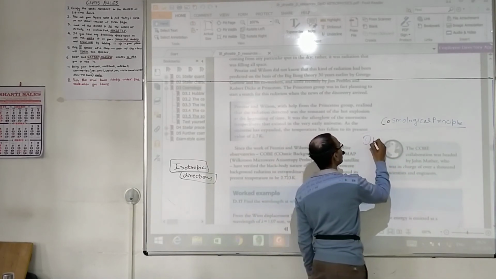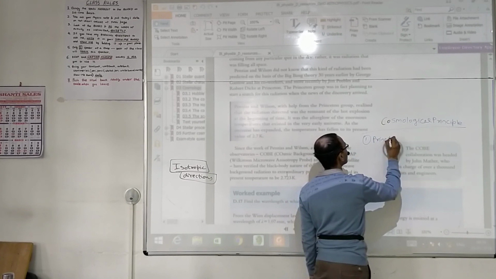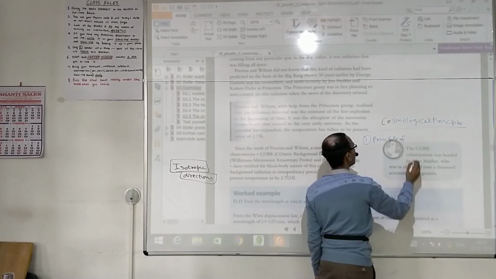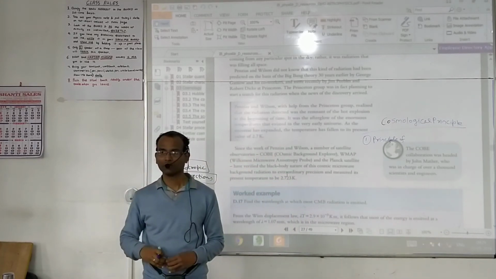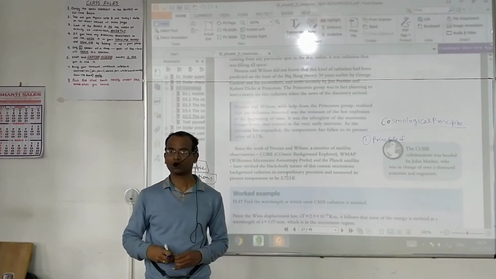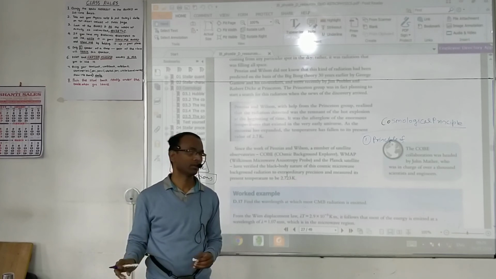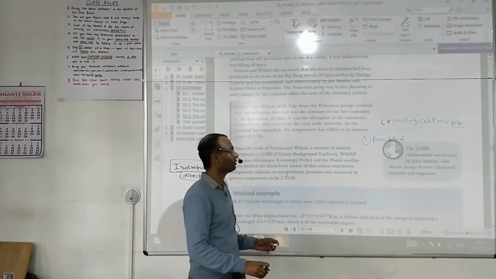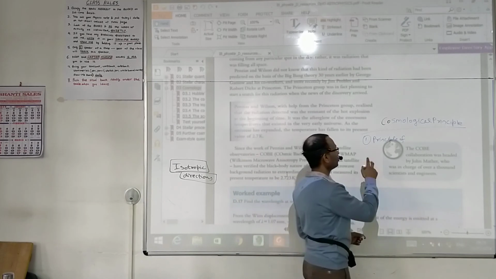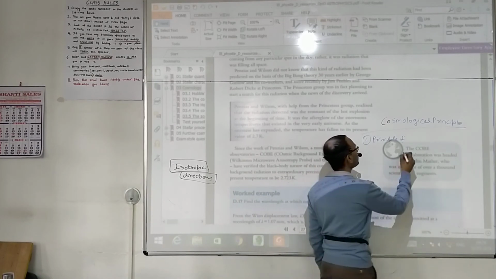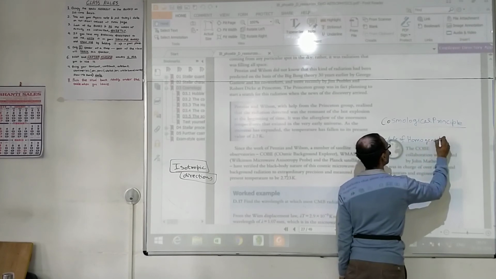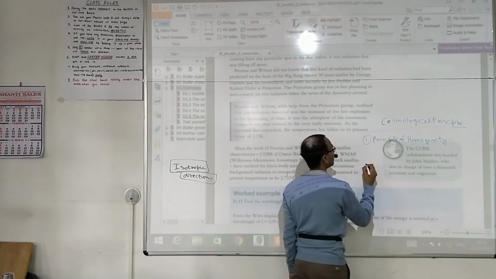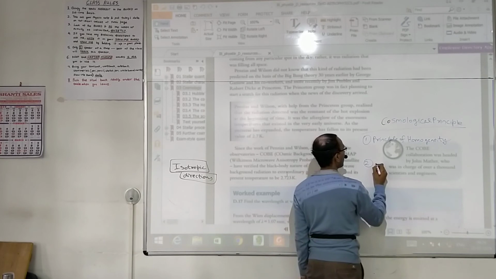Any cosmological model of the universe, which explains the creation of the universe, how it will evolve, how it will end, has to follow these two principles. One is called the principle of homogeneity, and the other is called isotropy.